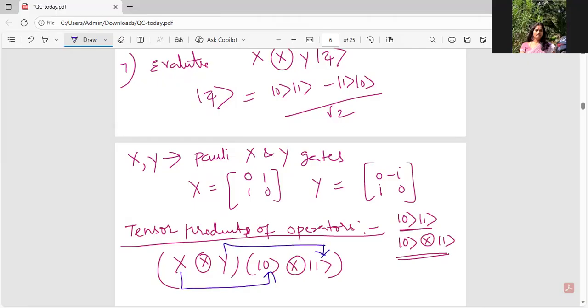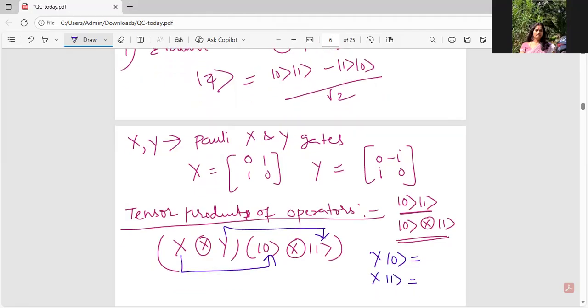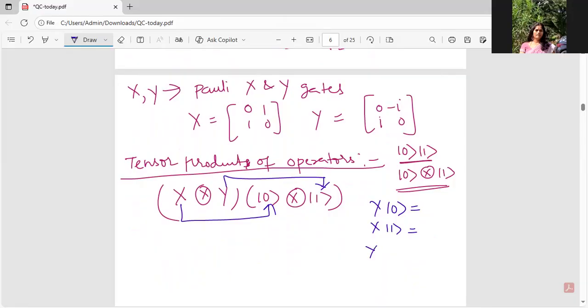That is it. You ought to know what happens if X is operated on ket 0, and what happens if X is operated on ket 1. If you remember, it's fine. If you don't remember, you'll operate and see. It's not a big deal. They are just a matrix and column vectors. You can multiply and get the value.